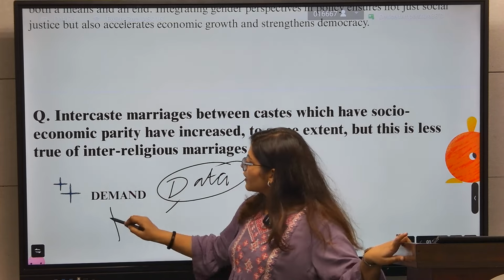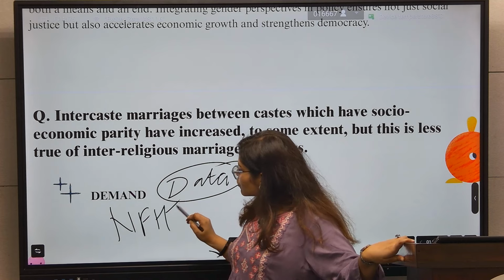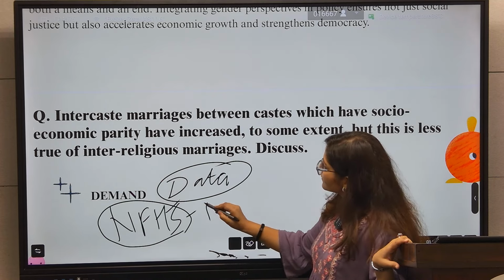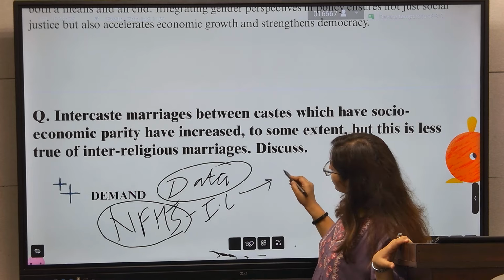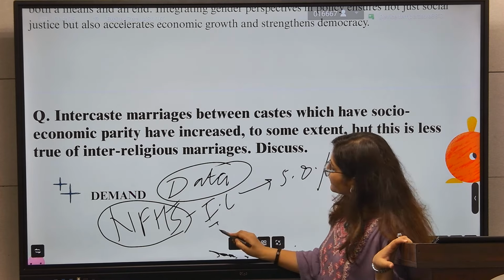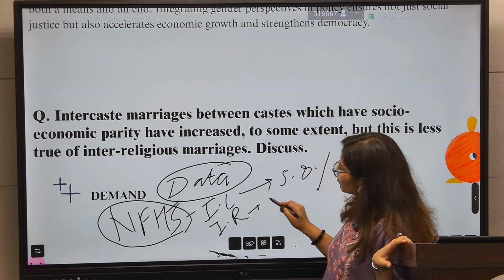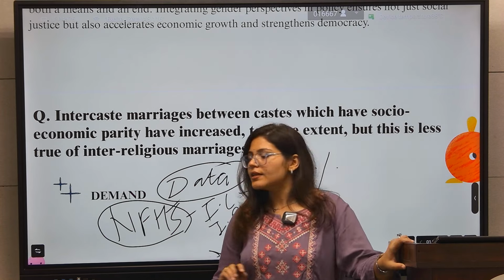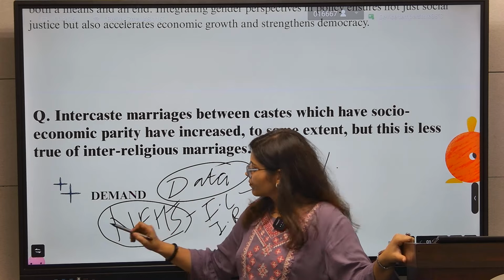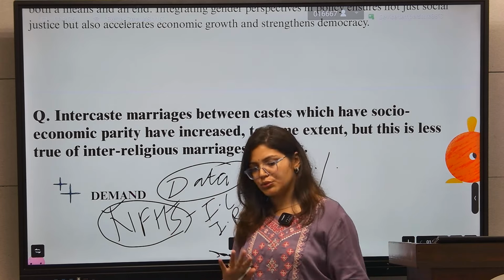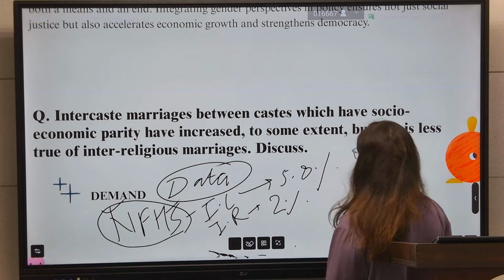There is data from the National Family Health Survey which says that intercaste marriages are 5.8%, but interreligious marriages are only 2%. So if you know the data, start this type of question with data. Now suppose you don't remember the data, then the best way is to start with marriage.